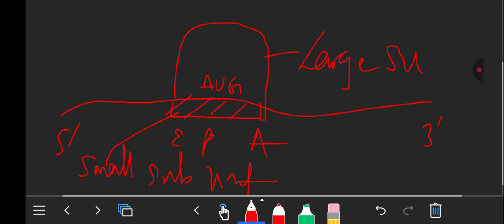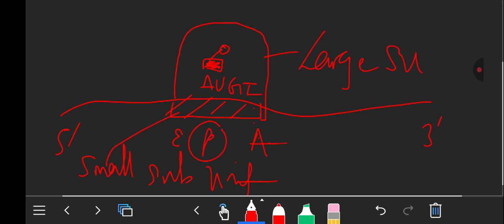The first amino acid which is brought is brought to the P site.